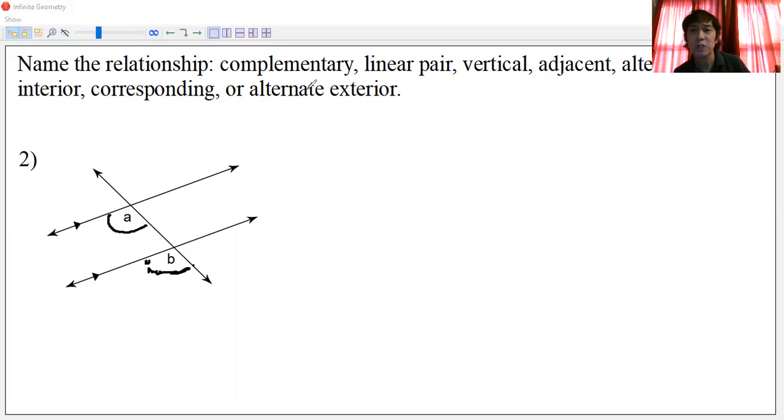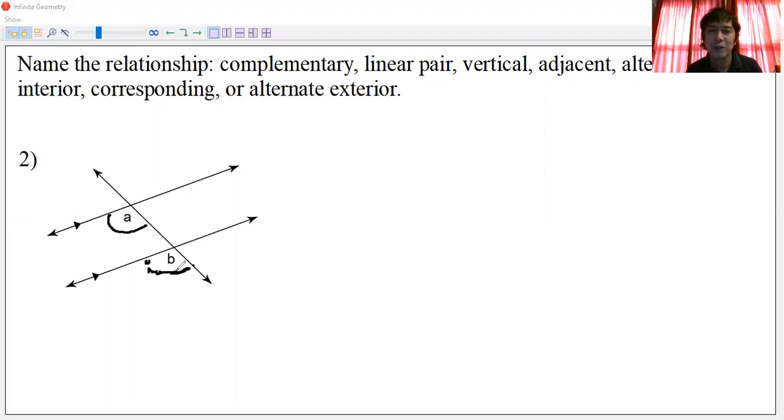So the definition of a corresponding angle pair: two angles on the same side of the transversal, okay? This is your transversal, this line, and the two angles are on the same side, one interior and one exterior.